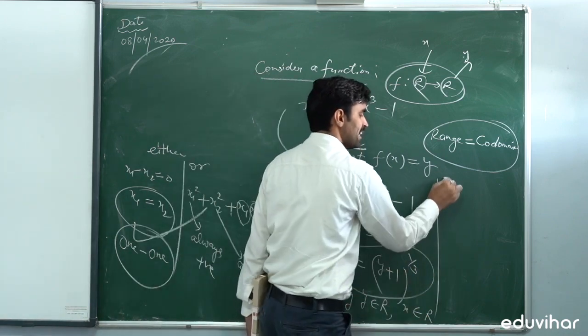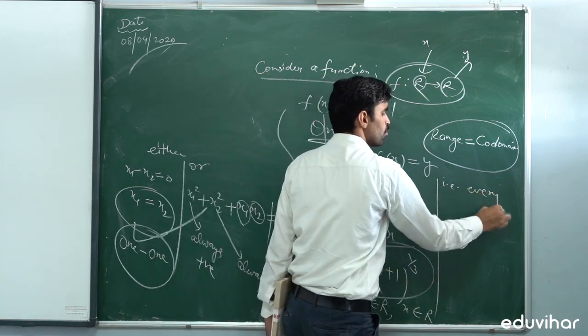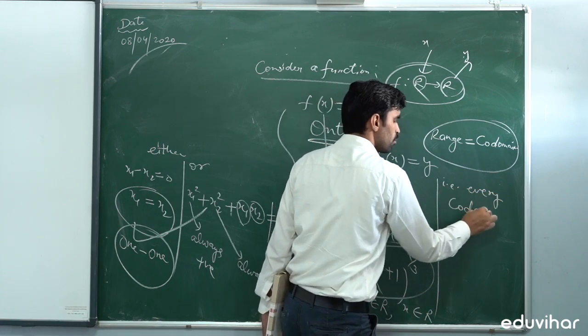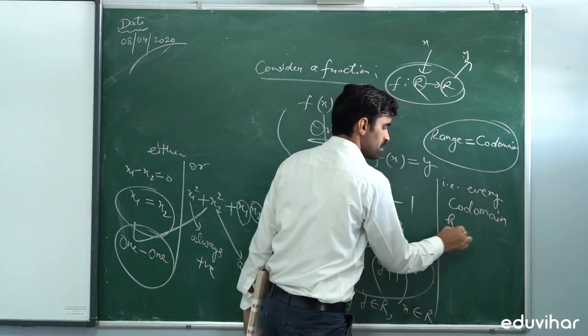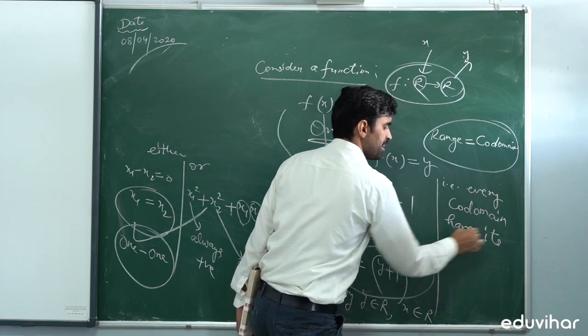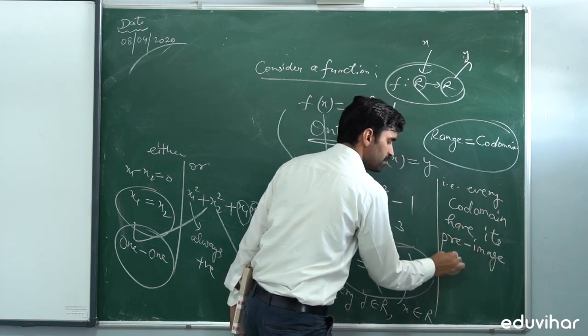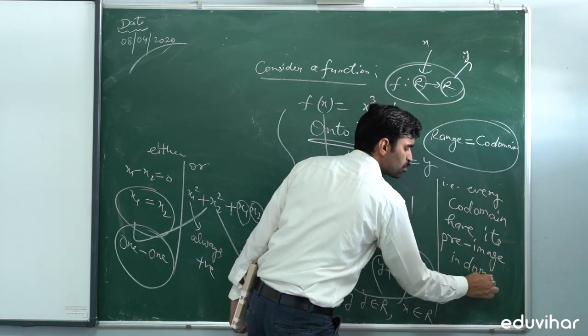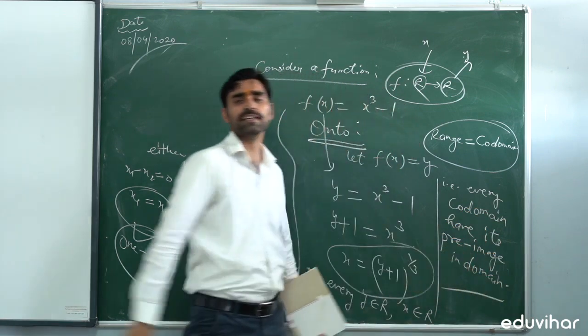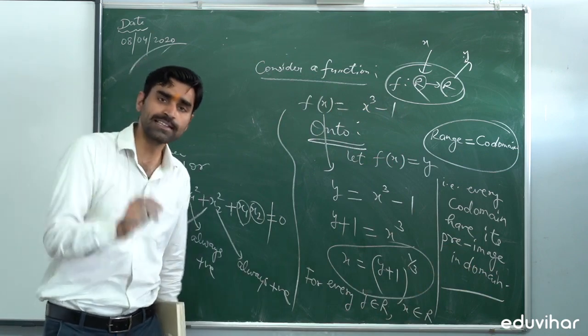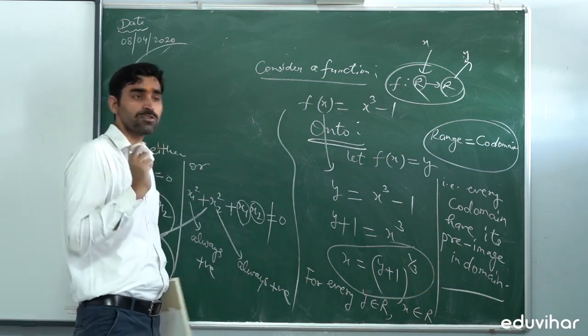That is, every element of the codomain has its pre-image in the domain. Every element of the codomain definitely has some element in the domain here.